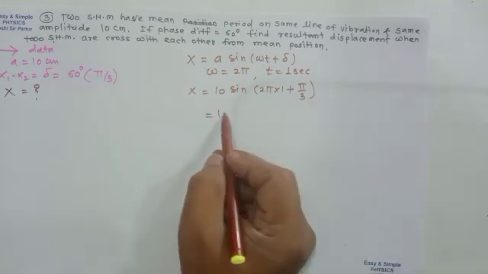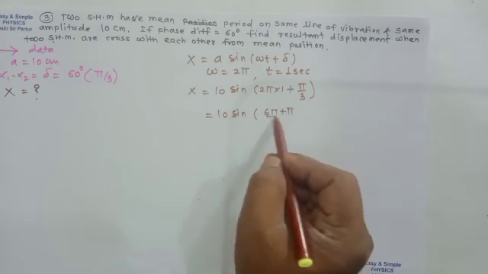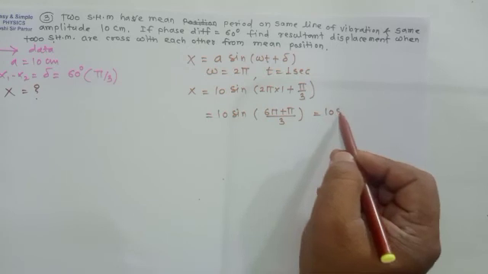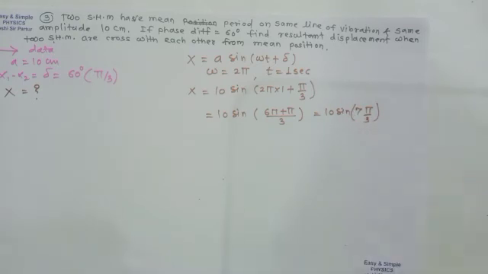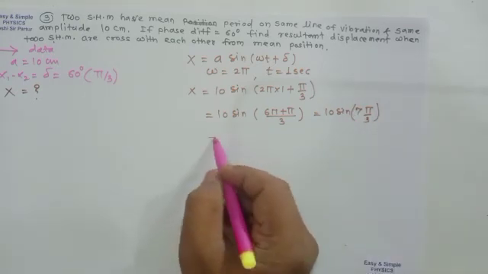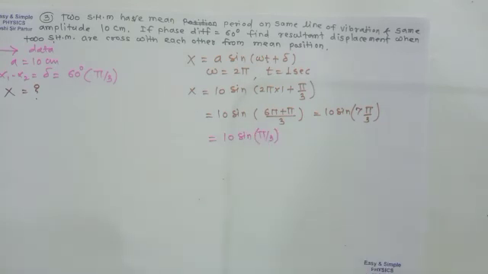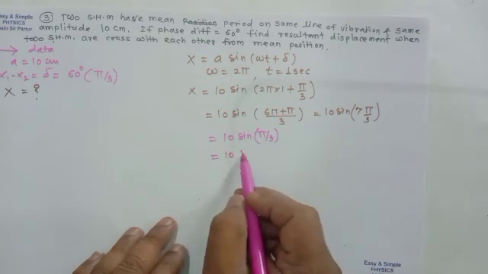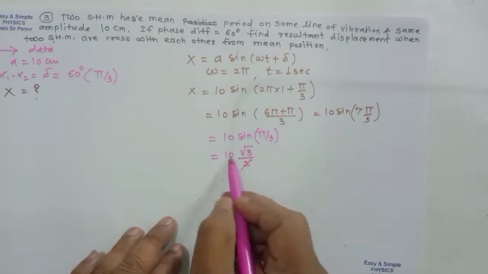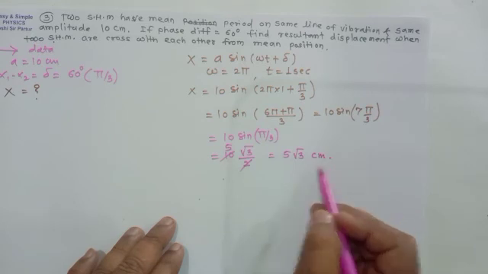So 10 sine of 6 pi plus pi upon 3. It is 10 sine of 7 pi upon 3, so we use 10 sine of pi by 3, and sine of pi by 3 will be square root of 3 upon 2, so it will be 5 into square root of 3 centimeter.